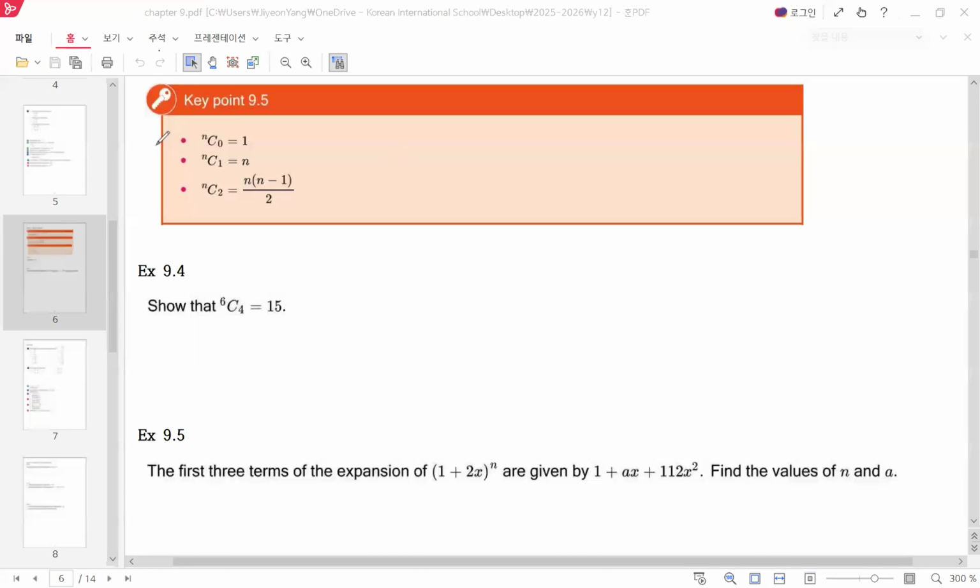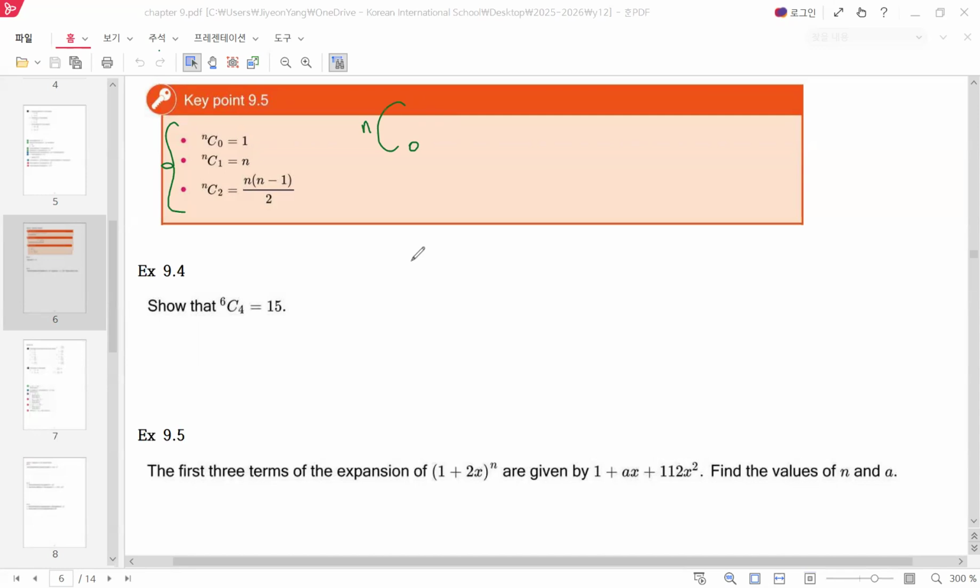And then, students, I'm going to explain these three. The first one, n combination 0. So n combination r can be calculated as n factorial divided by r factorial times n minus r factorial.